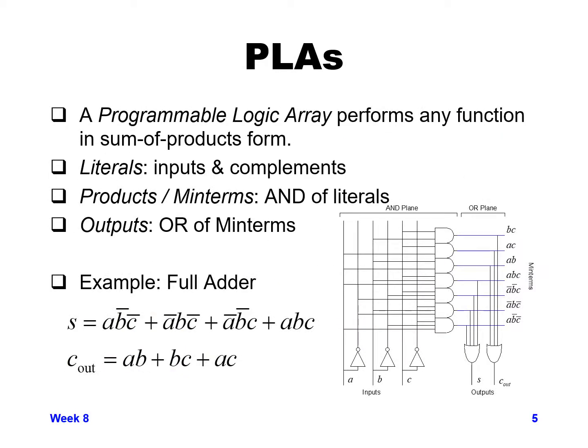Another type of memory array is a programmable logic array. This can perform basically any function, but in a sum of products form. What this means is we supply inputs, or literals, and their complements. As shown in the schematic in the lower right, we have our inputs A, B, and C, and we provide A, B, C, and A not, B not, and C not as our input.